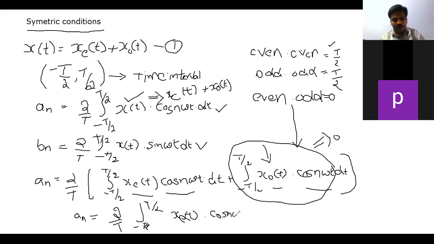So this is the part that is left in the above integration. Please do remember this.